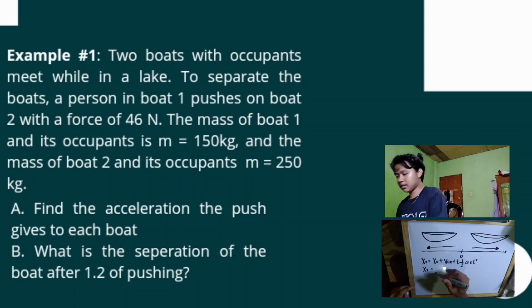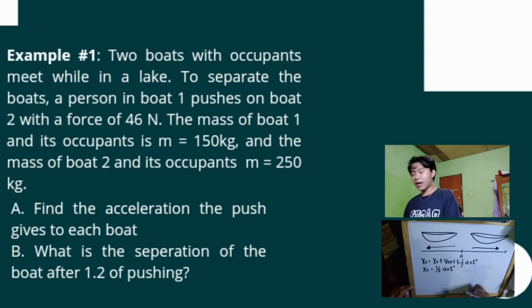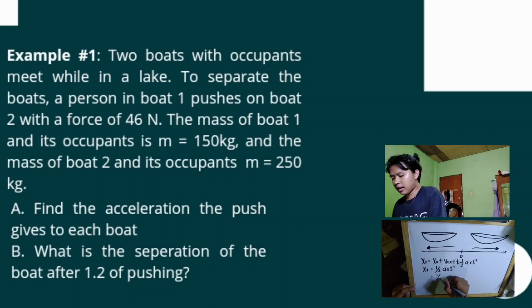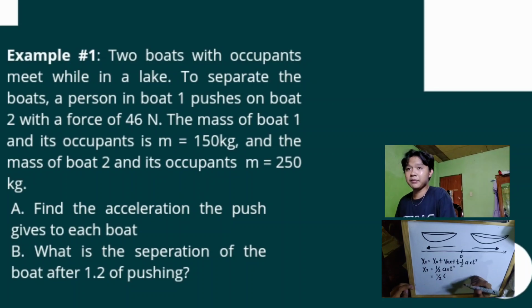X sub 2 is, the value of x sub o is 0, plus 1/2 a multiplied by t squared. In this, copy natin yung 1/2, ilagay natin yung given ng a multiplied by t squared.